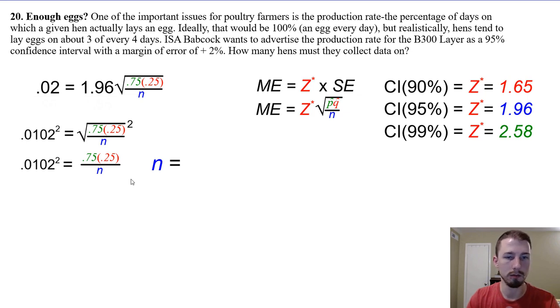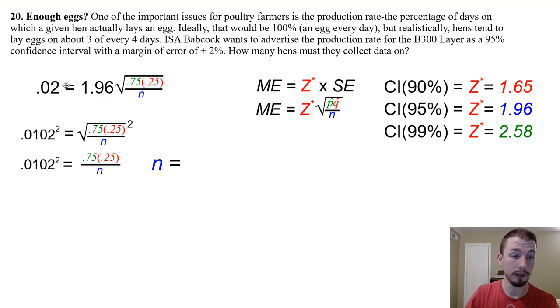ISA Babcock wants to advertise the production rate for the B300 layer as a 95% confidence interval within a margin of error of 2%. So what sample size would they need to accomplish that?